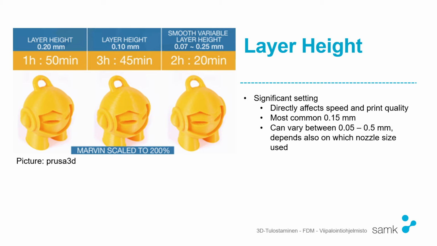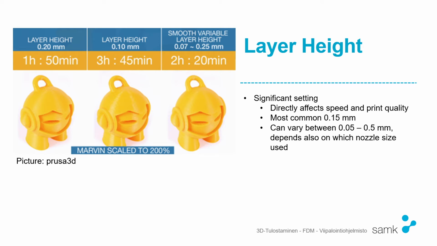And the most common layer height is 0.15 millimeters. And again, this layer height can vary from 0.05 to 0.5 millimeters or even 1 millimeter. This also depends on the nozzle that is being used. The rule of thumb is that mostly you should run your printer with half of your nozzle size.